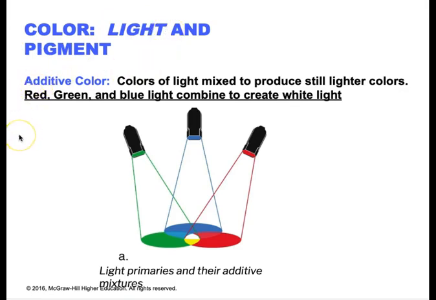So with additive color, as I said, colors of light are mixed to produce still lighter colors. And the main three for this one are red, green, and blue. And when you mix them all together, you actually get white light right here. And the secondaries, as you can see, when the red and the green light mix, you actually get yellow.